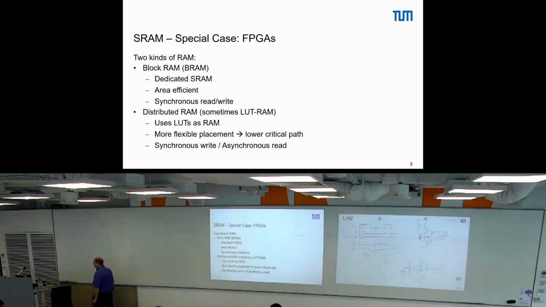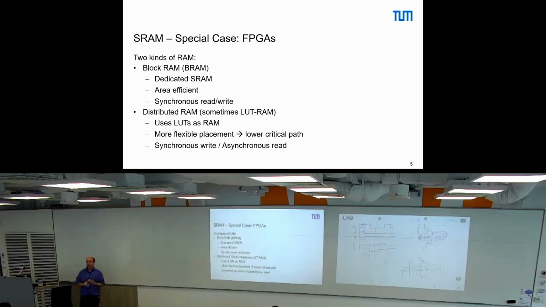Okay, so if SRAM is the way to go for our on-chip memory, why do we need something else? Why do we need flip-flops, DRAM, ROM, whatsoever? For processing speed, we will go for the SRAM or maybe for the flip-flops.